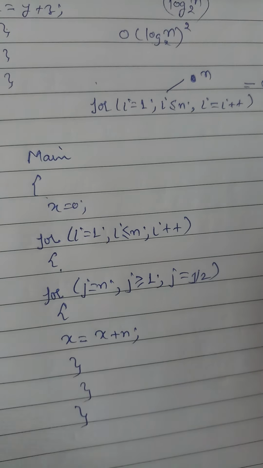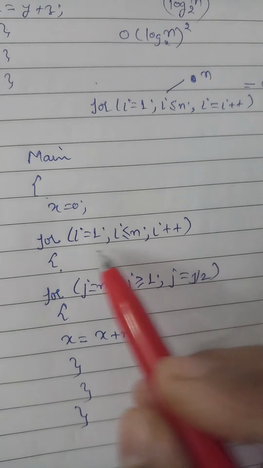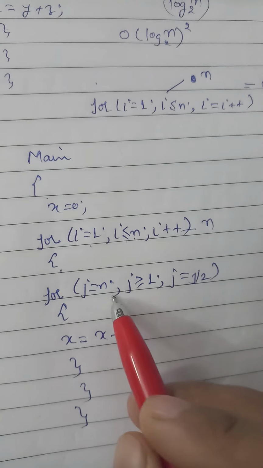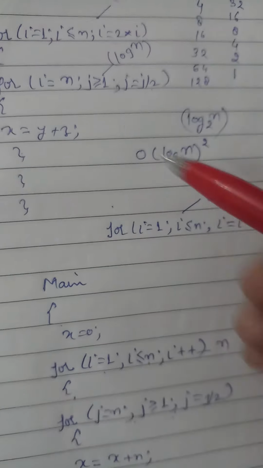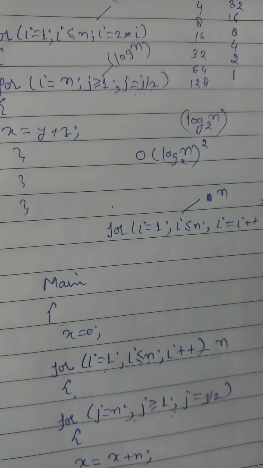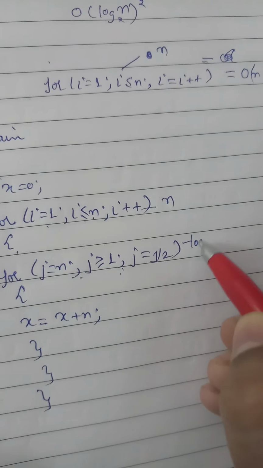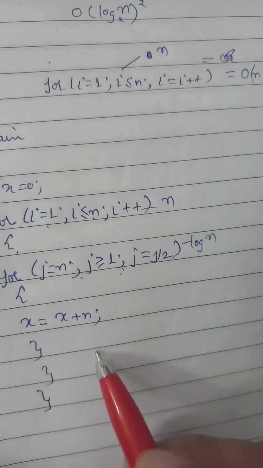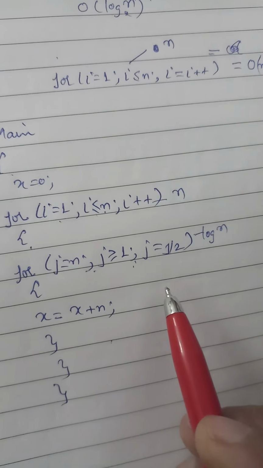As we see here, what will the time complexity be for this for loop? It will be n. And for this also, what will the time complexity be? From here we have seen log n. But why will it be log n?